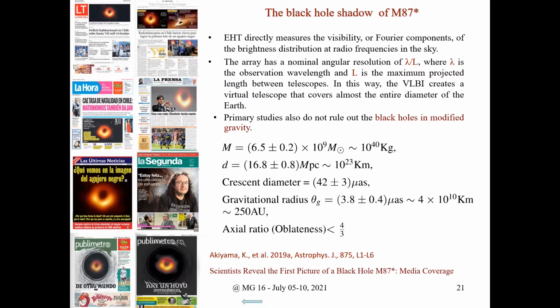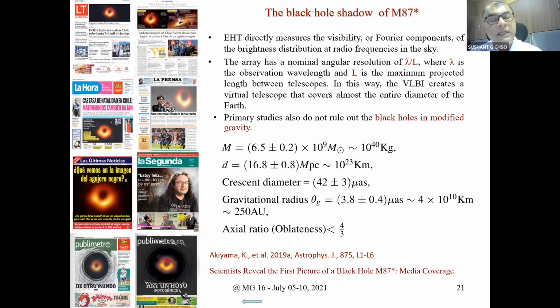The asymmetric ring, which is shown on the left side, is the combination of strong gravitational lensing and relativistic beaming. The north-south symmetry of the ring is controlled by the rotation of the black hole.